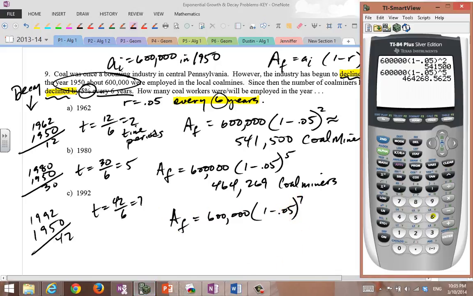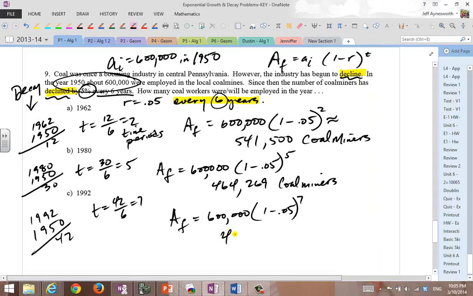So 600,000 times 1 minus 0.05 to the 7th power, and I get about 419,002. So 419,002 coal miners after 7 time periods, or after 42 years.